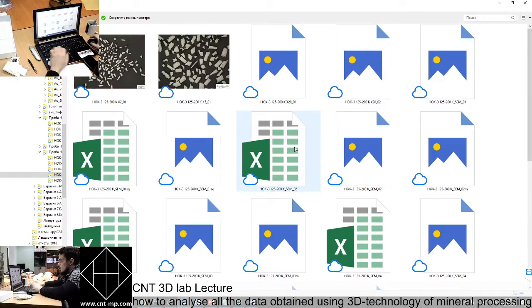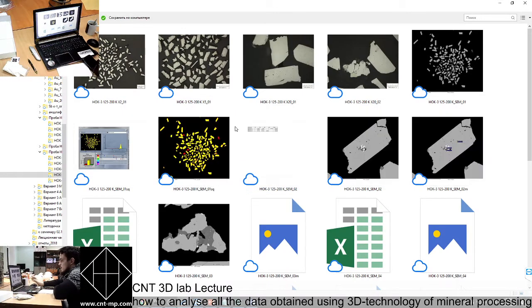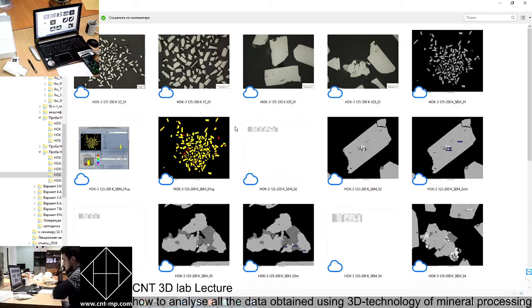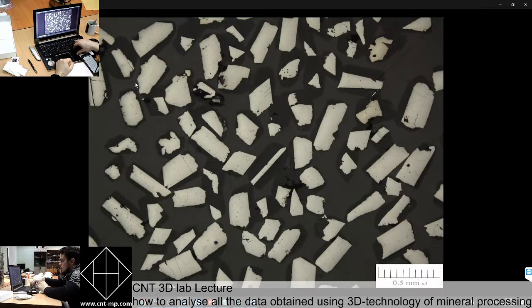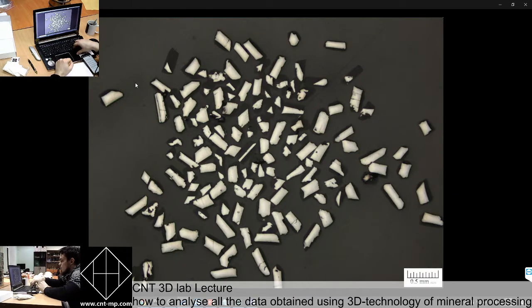So for example, this is a gold-stibnite deposit, and once again we see a Schlich concentrate. This is a very small amount of Schlich concentrate, because the main goal was to find gold grains, and we did that very well.